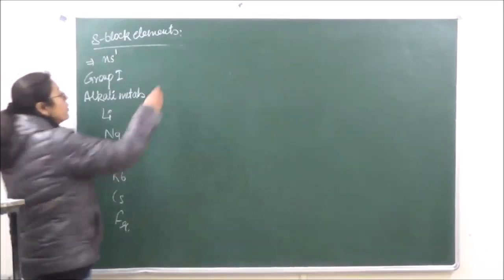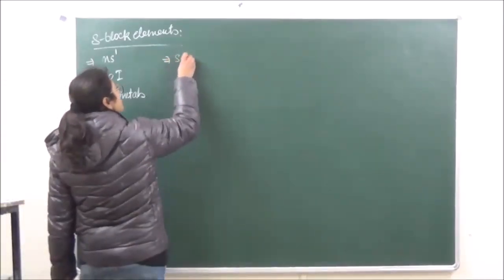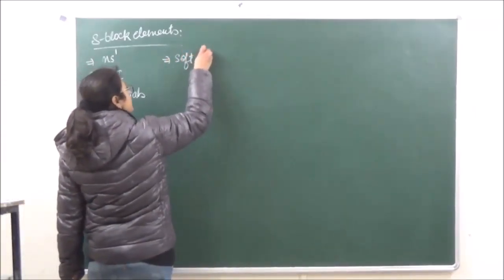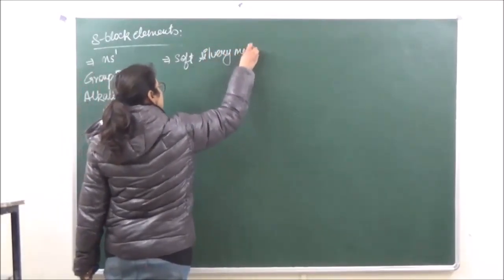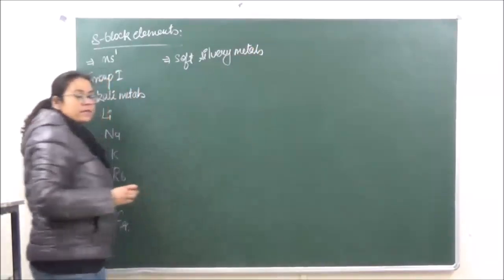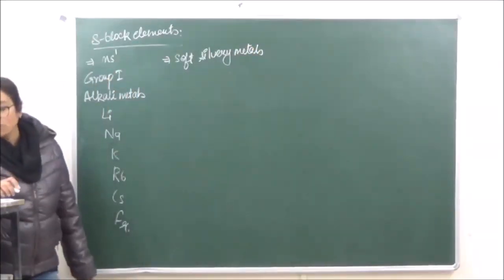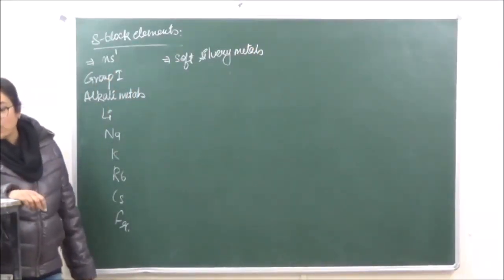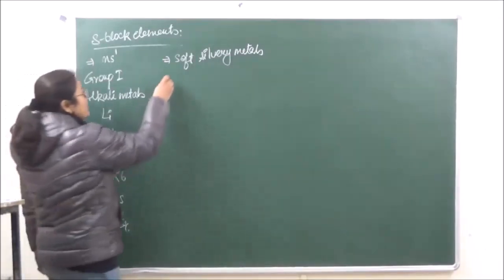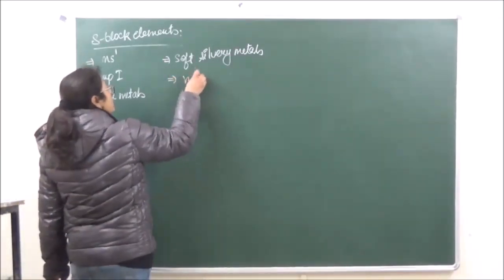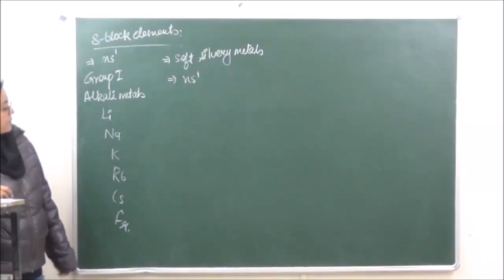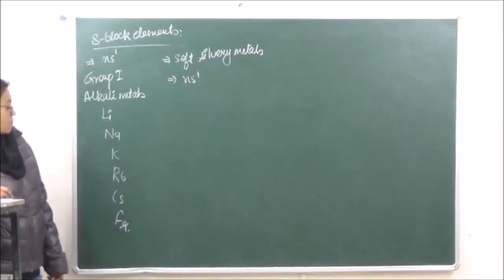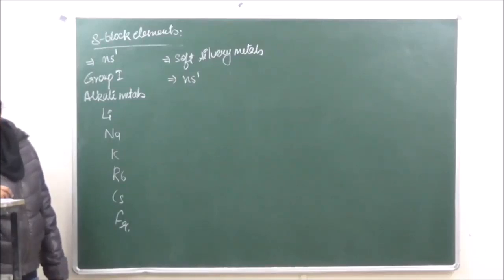They all are going to be soft and silvery metals, right? The general valence electronic configuration is going to be NS1, and the elements we've already done: lithium, sodium, potassium, rubidium, cesium and francium.